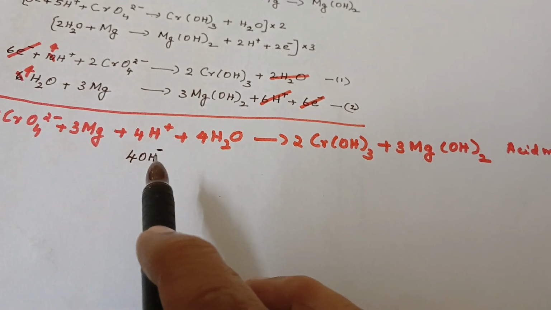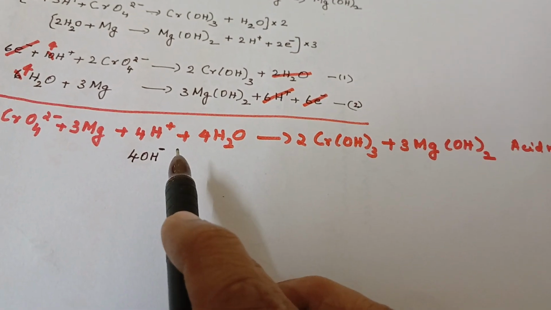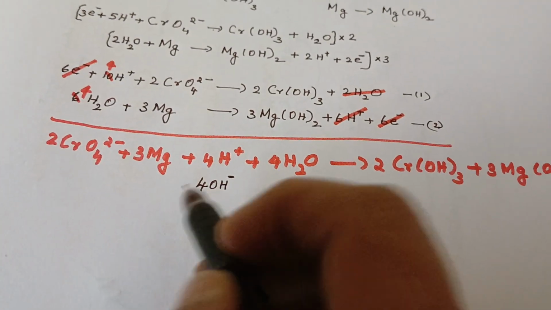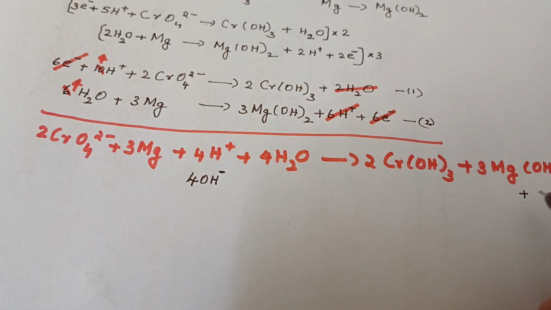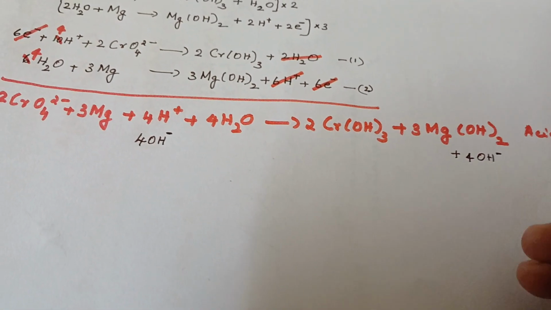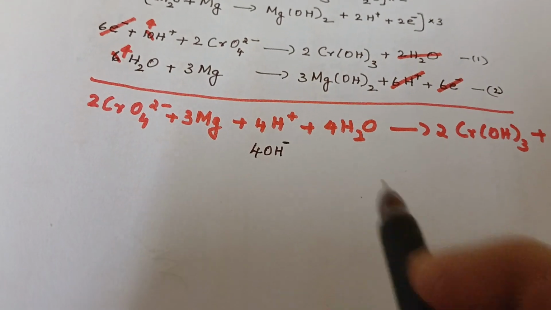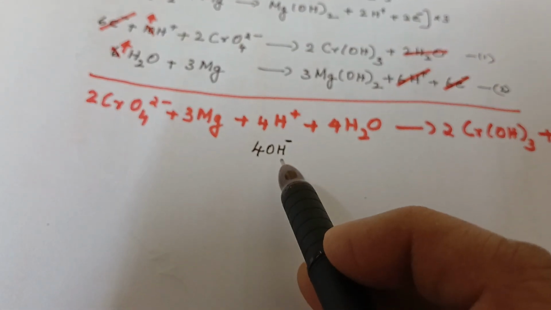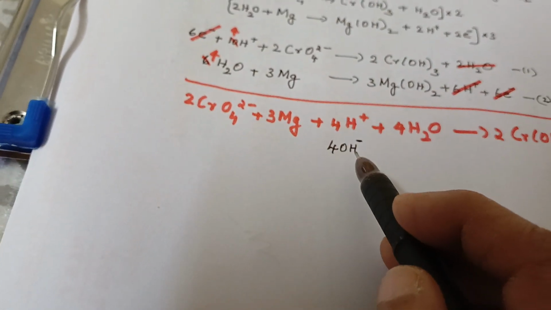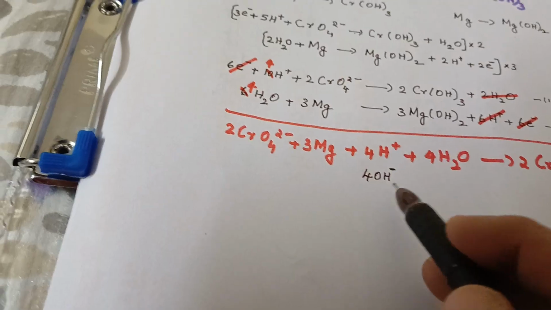This is for the acid medium. So we are neutralizing it with 4 OH minus. When we are adding it on the left hand side, we need to add it to the right hand side also, 4 OH minus. Now when we add 4 H plus and 4 OH minus, we will get 4 molecules of water, isn't it? H plus and OH minus.